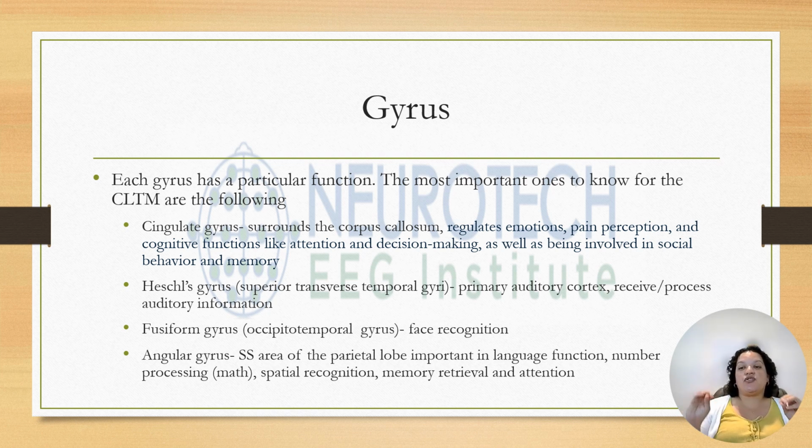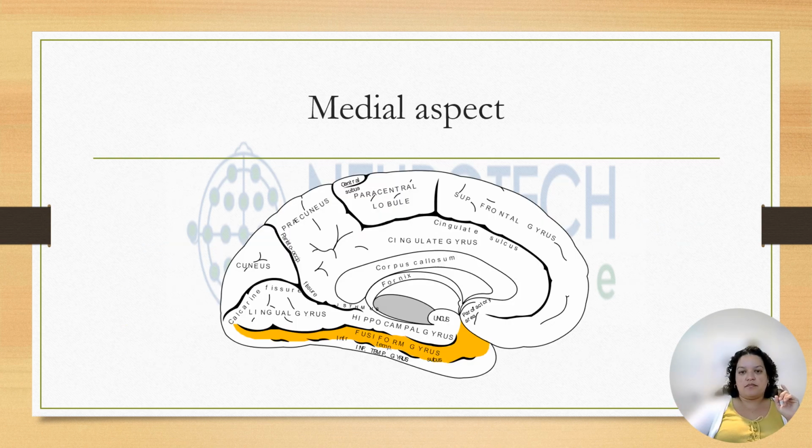So any structure in the parietal lobe. Even if they don't say parietal lobe, but you see that there's angular gyrus, which is part of your parietal lobe, what is going to be your answer? It's going to be that angular gyrus. So remember, math, parietal lobe.